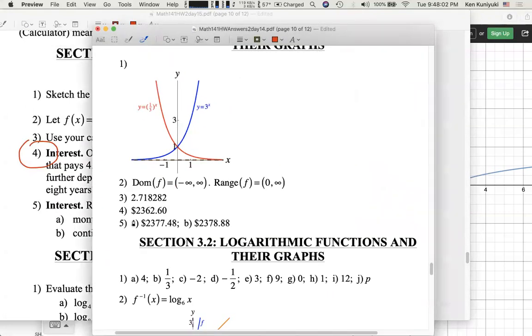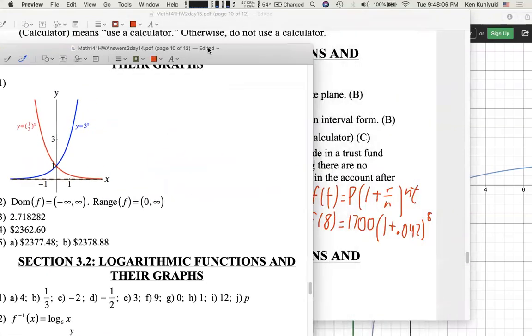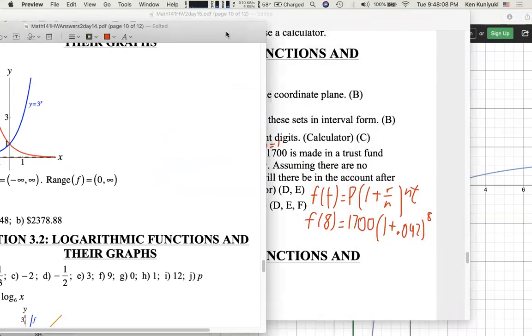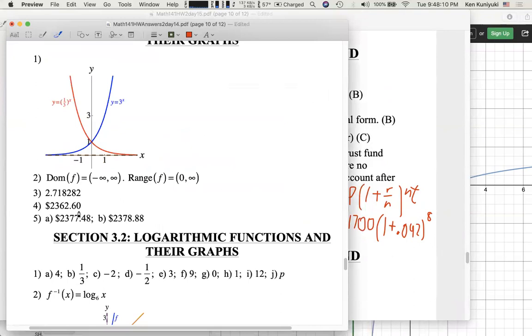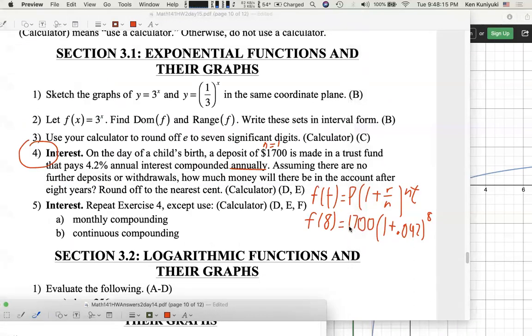Number 4. Okay, well, I don't have the setup. Absolutely show work like that. Of course, the answers are here. There's no way I would accept answer only. Come on, I'm giving you the answer. So absolutely show work. You could show this, for example. Okay, and I hope you get the right answer. I hope that's right.